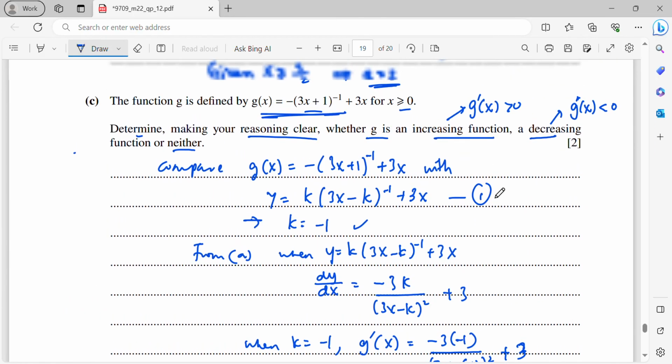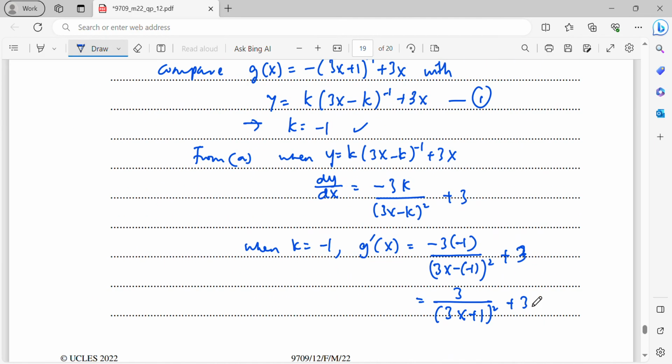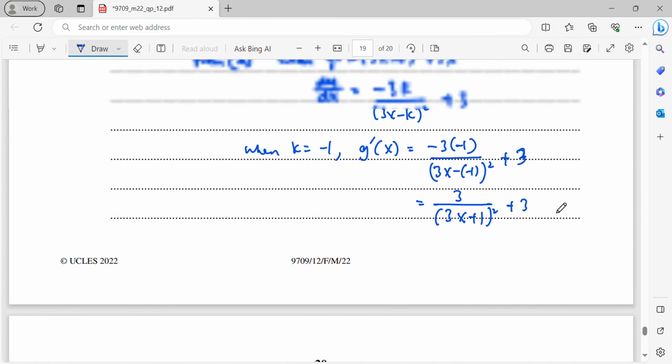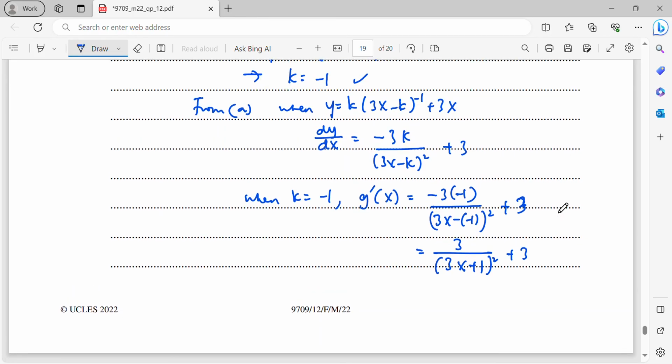Now you need to conclude whether this value is greater than 0, less than 0, or neither. So look at the x here. The x is at least 0. So you can just write for g x, the x is at least 0.